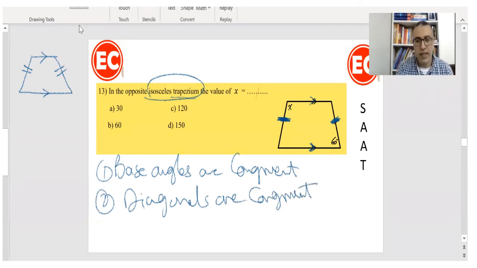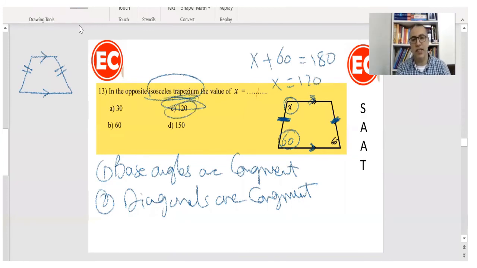So 60, 60. And these two sides are parallel. So the sum of x and 60 is equal to 180. So x is equal to 120 degrees.